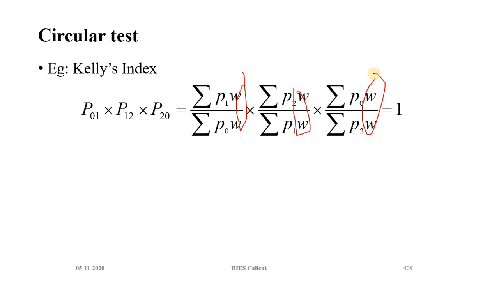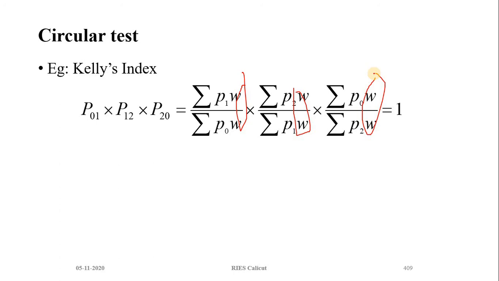Now the last test, the circular test. This test is an extension of the time reversal test, suggested by Westergaard, and it says that the index number should work in a circular manner.